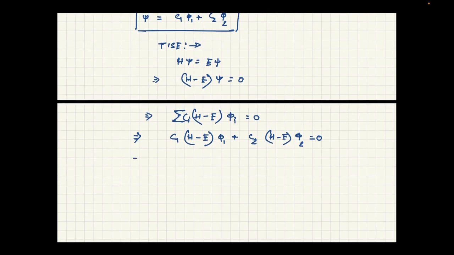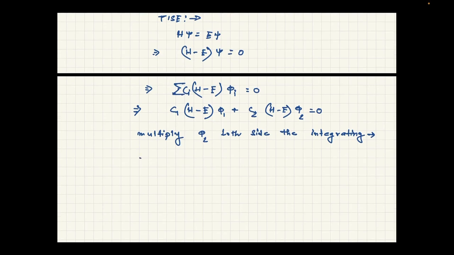Now if we multiply by phi 2 on both sides and integrate, you will get C1 phi 2 (H minus E) phi 1 plus C2 phi 2 (H minus E) phi 2 equal to 0.